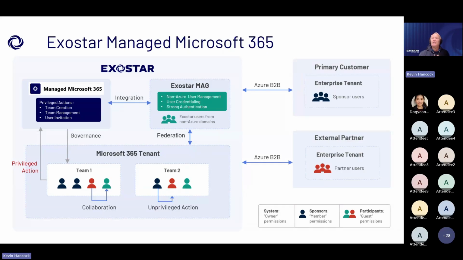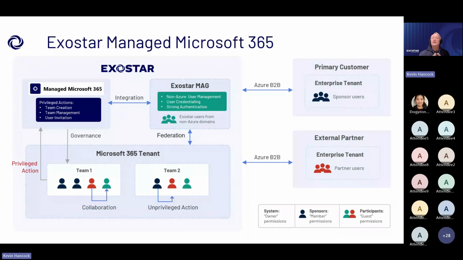That Exostar application is what puts the guardrails around the environment to allow you to manage the environment. So you get to set up how you collaborate. You get to invite both your internal team members and your external team members. But it puts some guardrails around that.